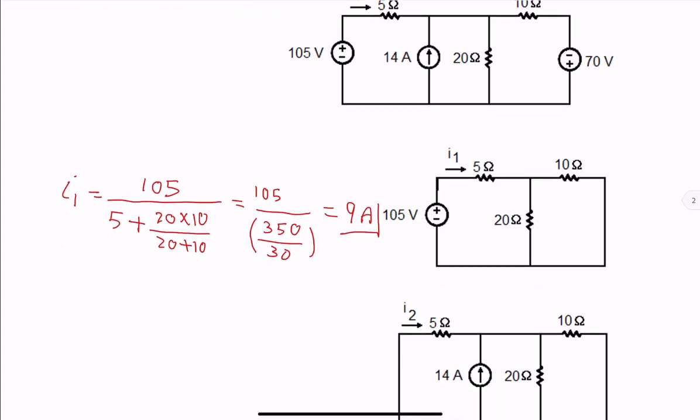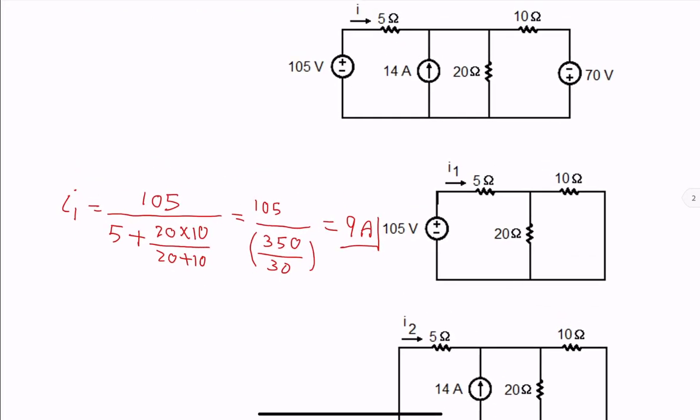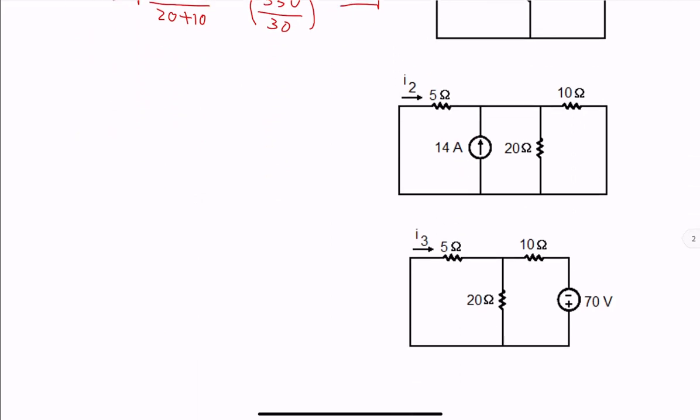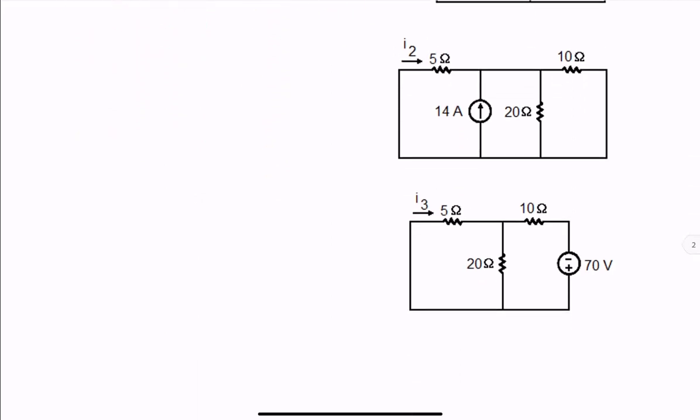Next, let us keep the current source. So we are keeping the source, short circuit the two voltage sources. Working on independent sources one at a time. To find I2, let us do a current division at that node.